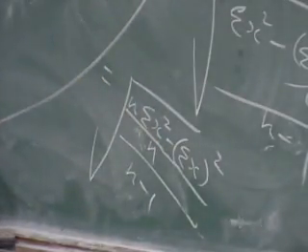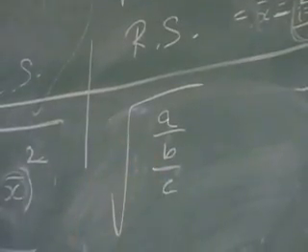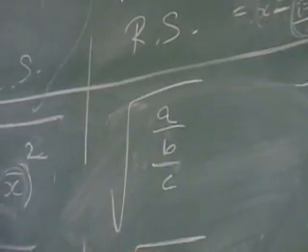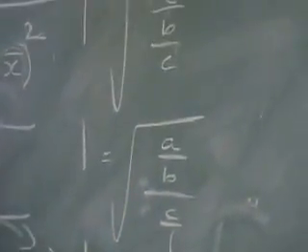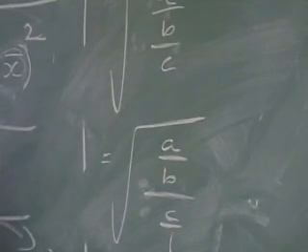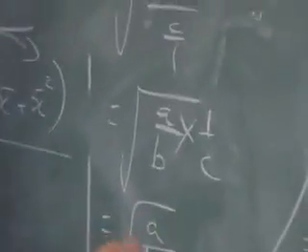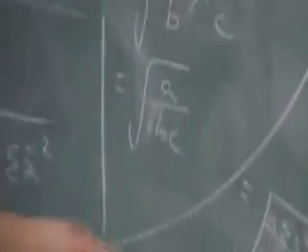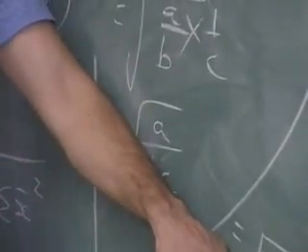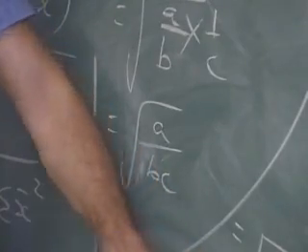Now, what you basically have here is square root of a over b over c. But that's the same thing as square root of a over b over c over 1, which is the same thing as square root of a over b times the reciprocal, 1 over c, which gives you a over b times c. So that is the same thing as just taking that n and dropping it down. And I have no room.